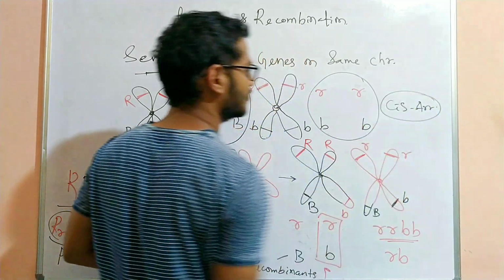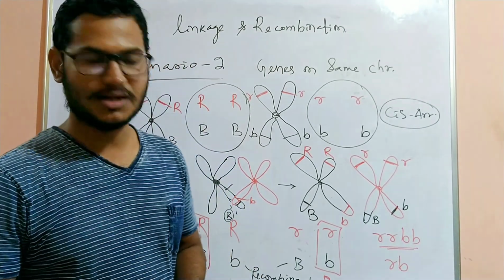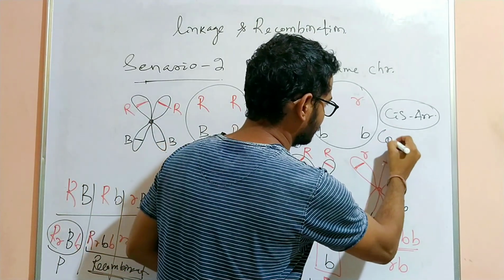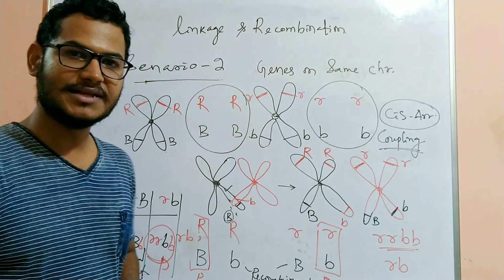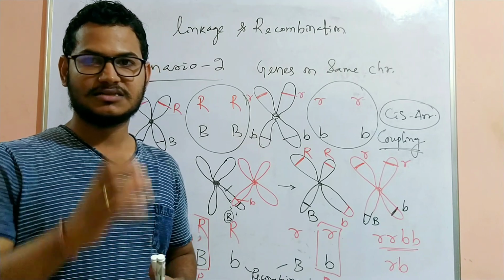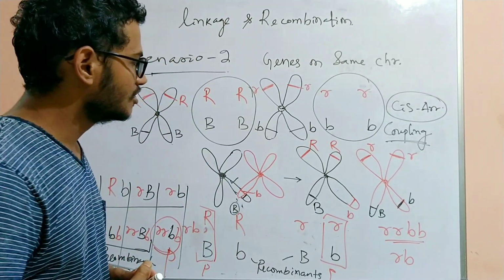Cis arrangement also is known as coupling. Coupling means the attraction between the dominant characters.